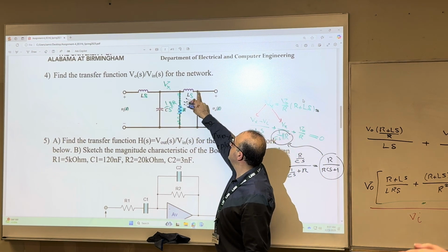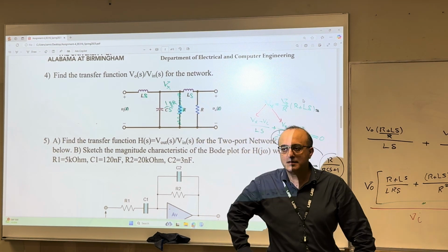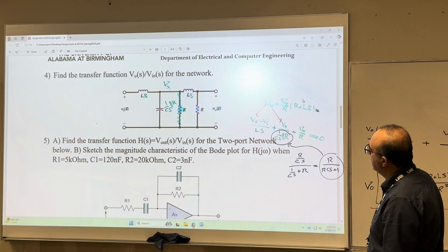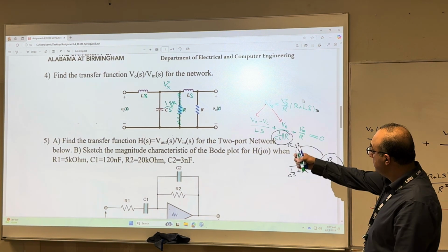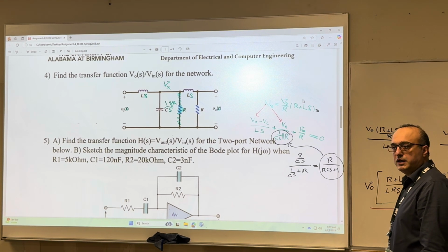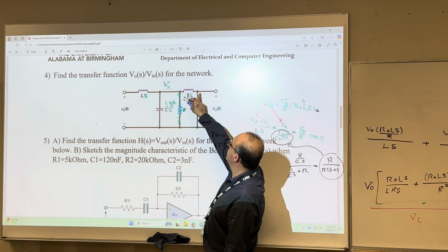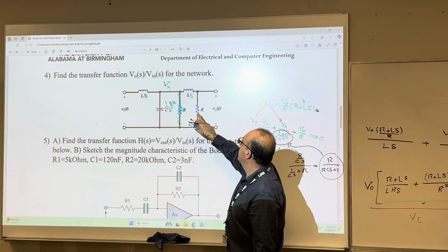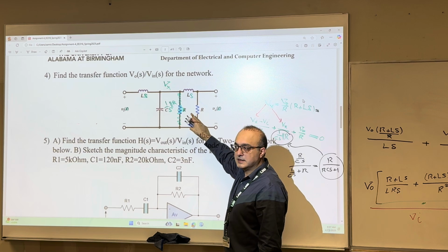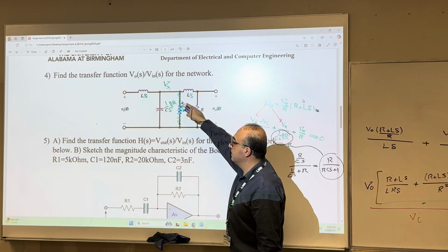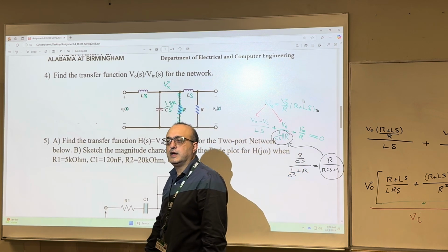This is the current in this branch. So why are we not including SL? It should be R plus SL, right? When you want to find the voltage of Vx, yes. You have the current in this branch and you have the impedance. Impedance is R plus Ls. Then the voltage is going to be that current times the impedance. So Ohm's law.